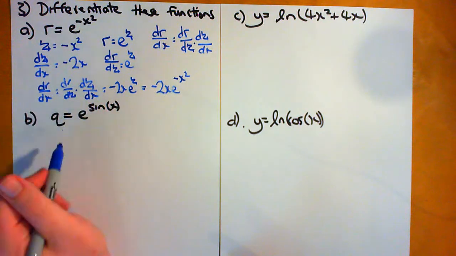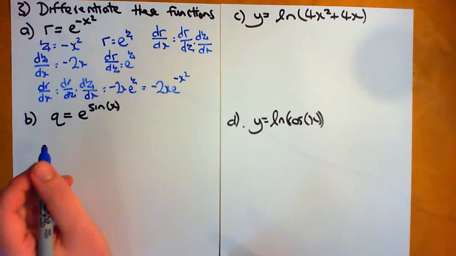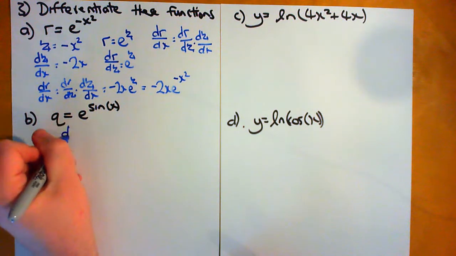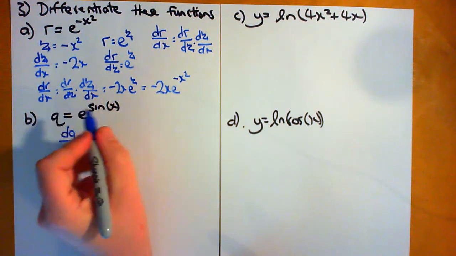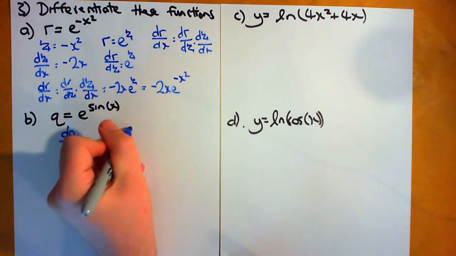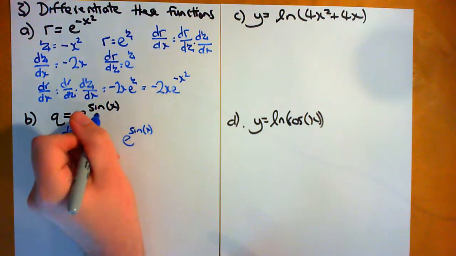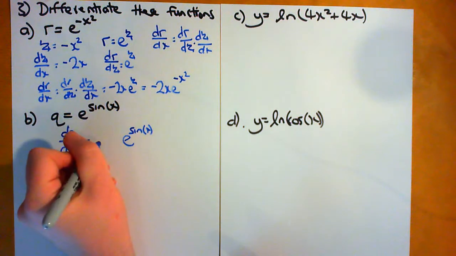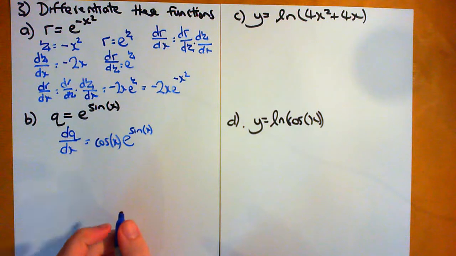So we can use that same rule to do question B. So we'll do B using the quicker version. dq by dx equals exponential, power stays the same, e to the sine x, but we need to multiply by the derivative of the power, so the derivative of sine, which is cosine. Okay, so we get dq by dx equals cos x times e to the sine x.